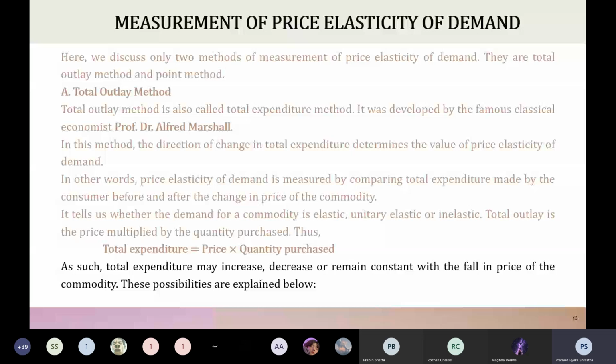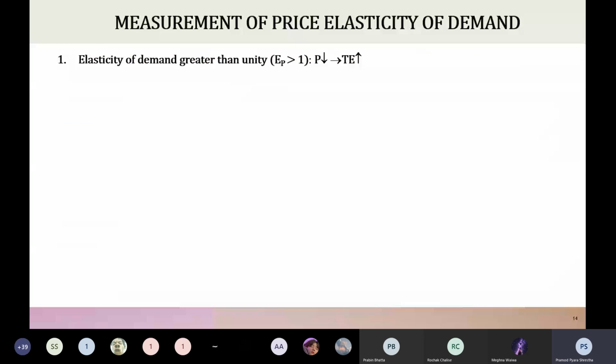First of all, we are going to discuss the first type, that is, elasticity of demand greater than 1. This is the case where total expenditure increases with the fall in price. Now look at this. When price falls, total expenditure increases, and this is the case of EP greater than 1, that is, elasticity of demand greater than unity.